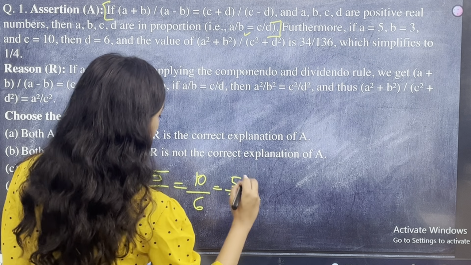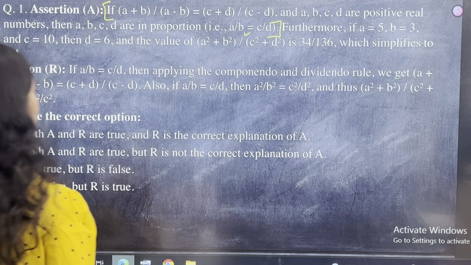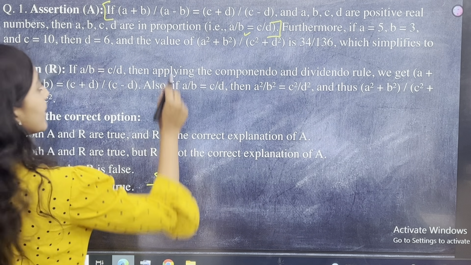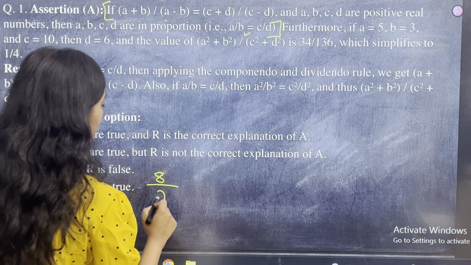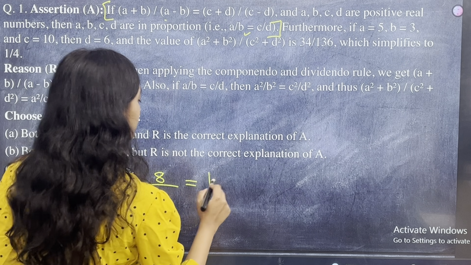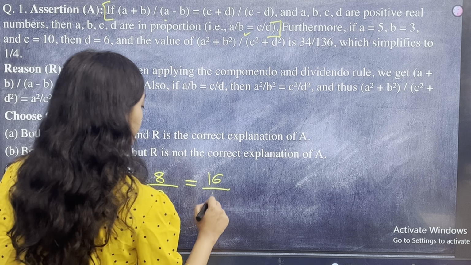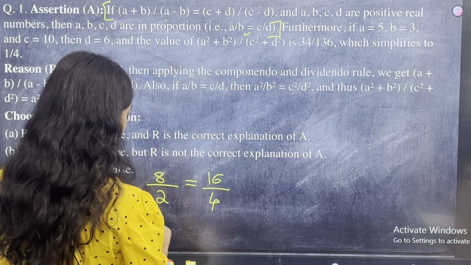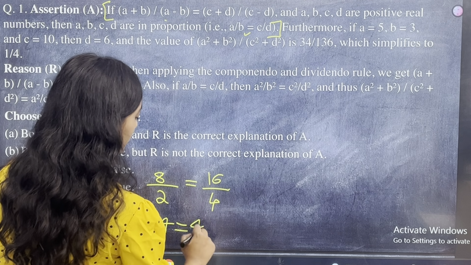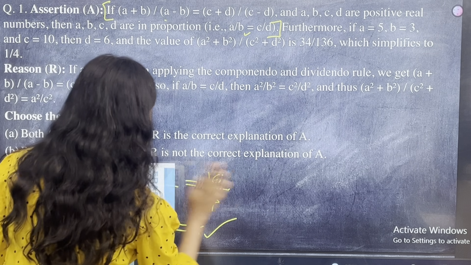So these four values are in proportion. Now let us try componendo dividendo. 5 plus 3, which is 8, divided by 5 minus 3, which is 2, is equal to c plus d, which is 10 plus 6, which is 16, by c minus d, which is 10 minus 6, which is 4. 8 by 2 is 4, which is equal to 16 by 4, which is 4. So that part is also correct. Let us go ahead.